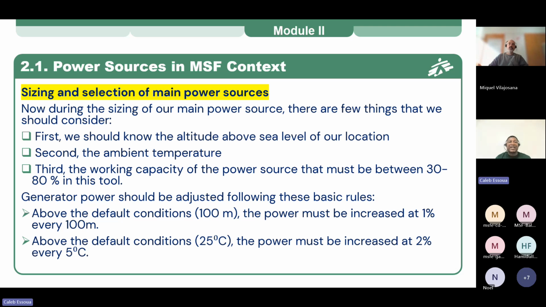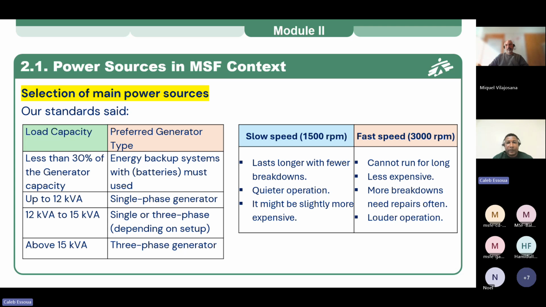Now, selection of the main power source. Now that we have the size of the main power source, we have all the idea to choose. According to what I explained, if you are doing, for example, your generator sizing, you should be around 30 to 80% of the generator capacity in use.